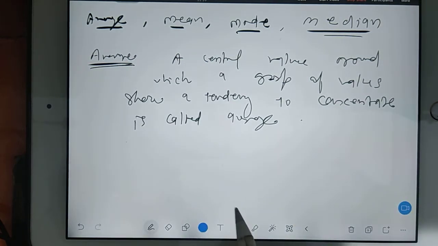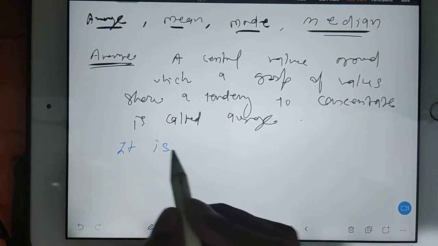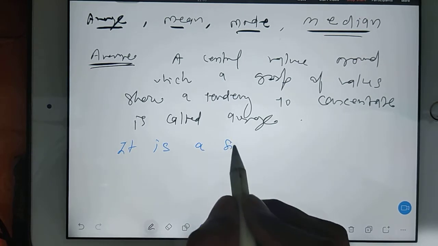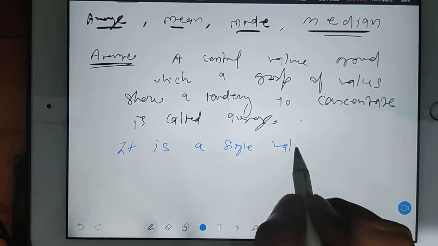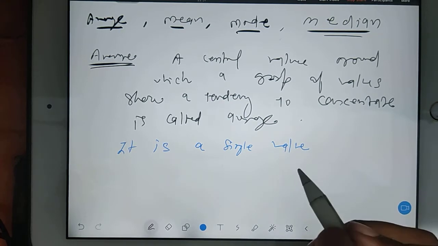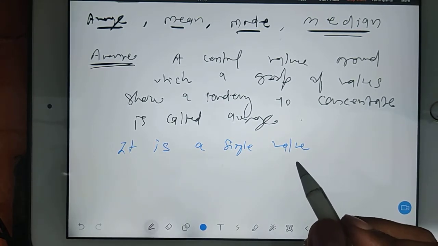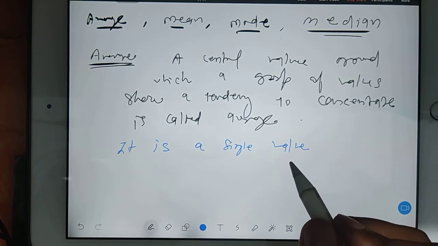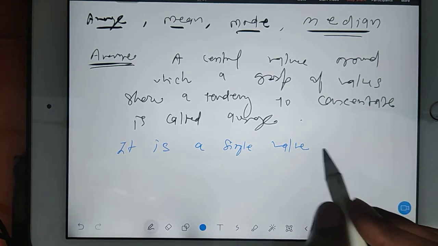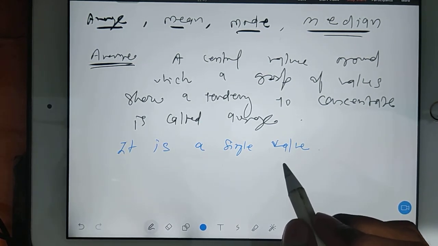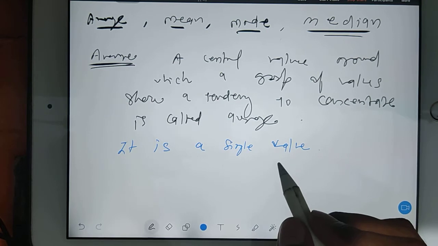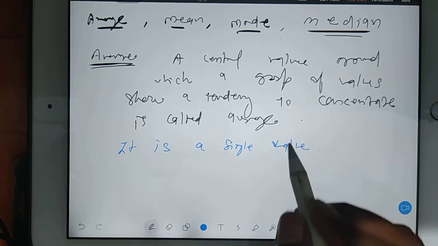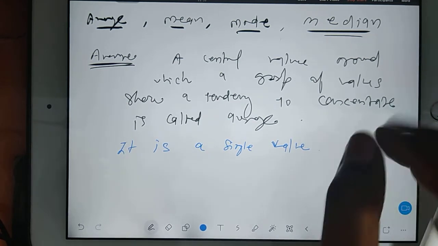Now see, it is a single value. You can't have two average values. And when you are finding the average value of any group, it is possible that it may match with a given value of the group.